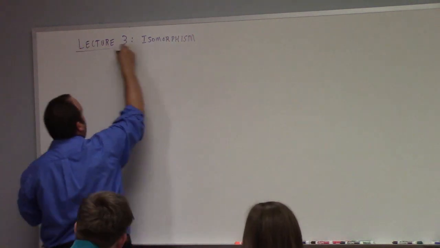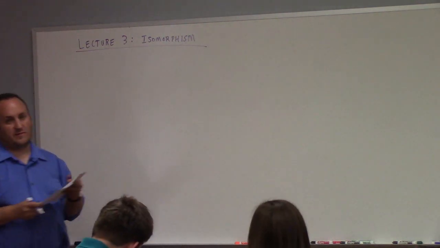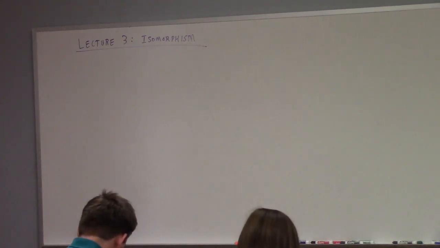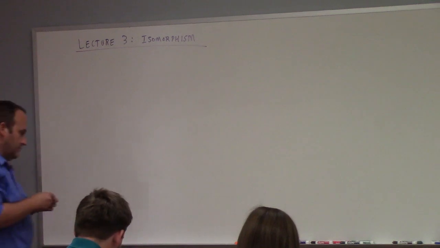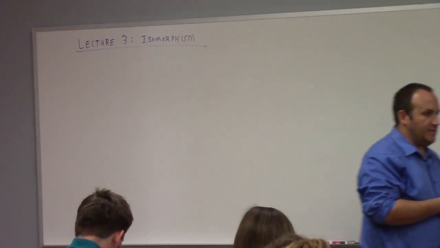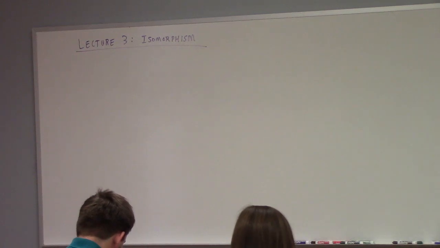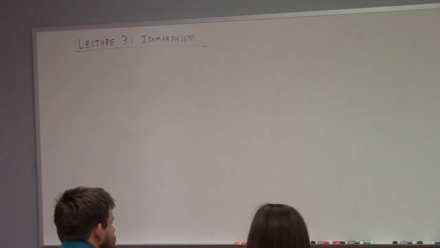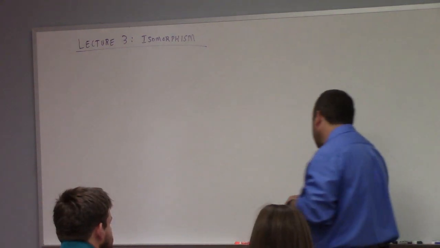In particular, we're going to talk about isomorphism of groups. We say two groups are isomorphic if they're essentially the same group, and they have the same structure in some sense, and maybe we're just using a different notation, but at its core, it's the same object. This is kind of the intuitive idea.